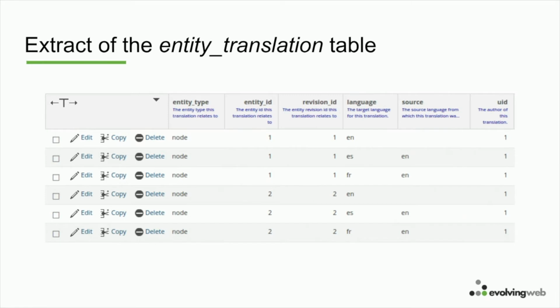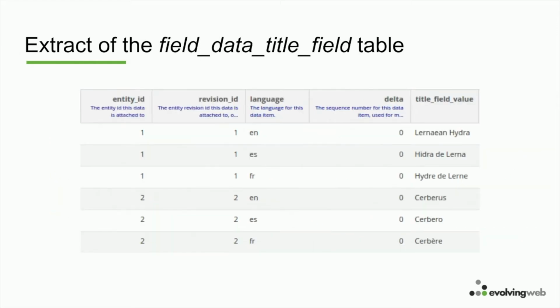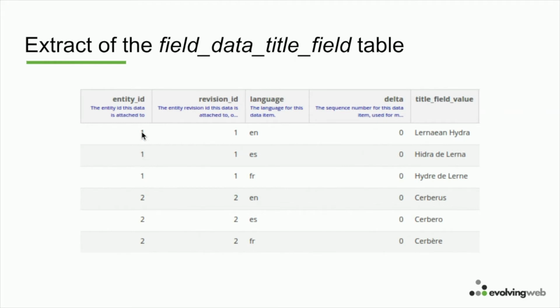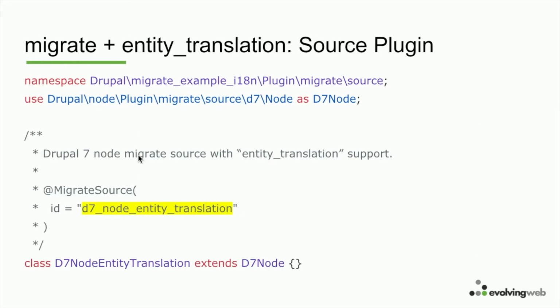The previous slide is just a registry of all the entity translations that exist for node ID 1 and 2. And the actual data for the translation lives in the field table, and they are still related to node ID 1, as opposed to the previous example where all the translations had different node IDs. So we have a single node ID, in short. So what do we change?